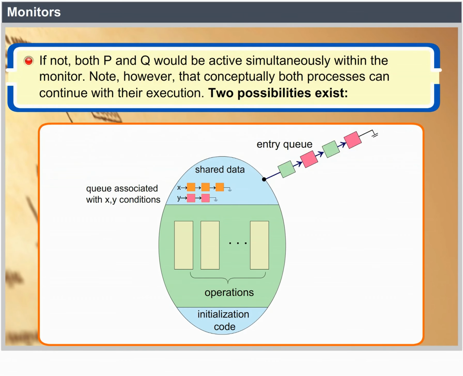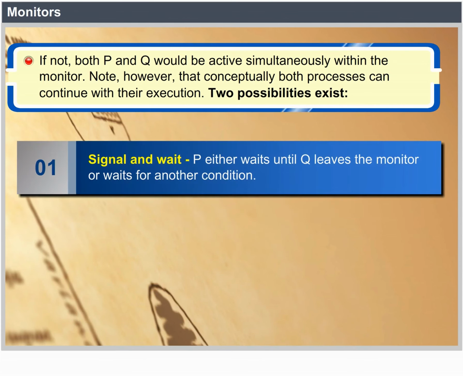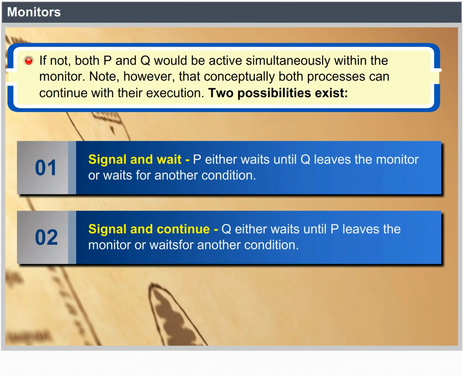Note, however, that conceptually both processes can continue with their execution. Two possibilities exist. 1. Signal and wait: P either waits until Q leaves the monitor or waits for another condition. 2. Signal and continue: Q either waits until P leaves the monitor or waits for another condition.